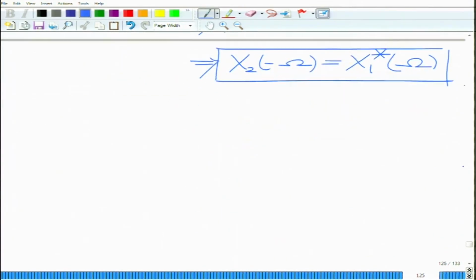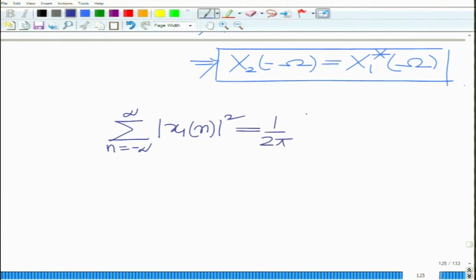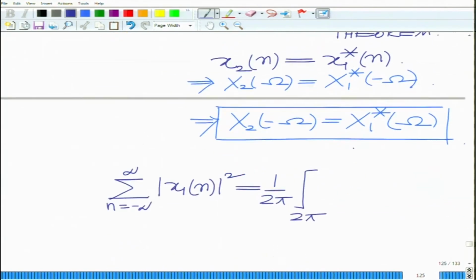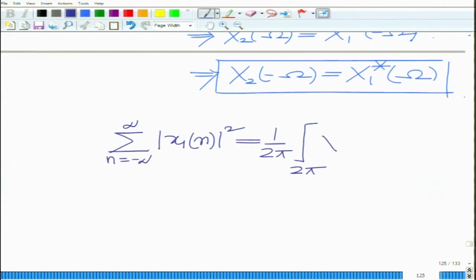If you substitute x2[n] equals x1 conjugate [n], on the left hand side we have the summation of x1[n] times x1 conjugate [n], that is magnitude x1[n] whole squared. That equals 1 over 2π integral over 2π of X1(ω) X2(−ω), which is X1(ω) times X1 conjugate of ω, which is magnitude X1 squared dω.